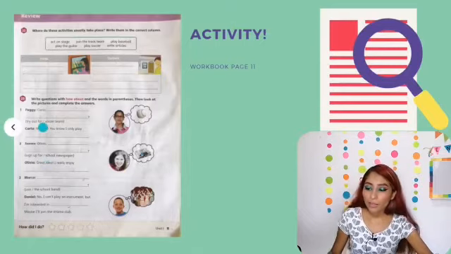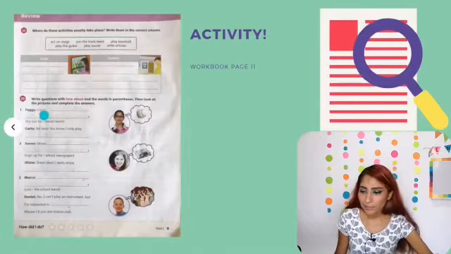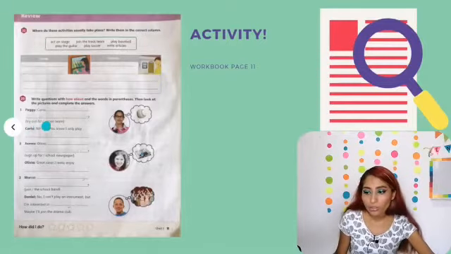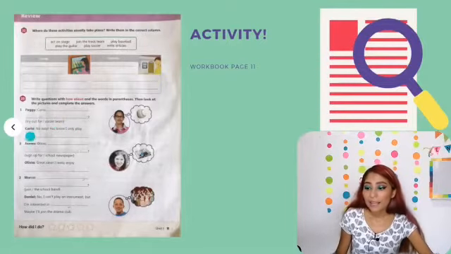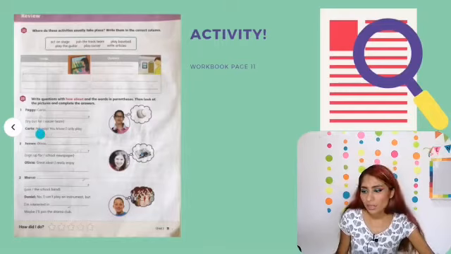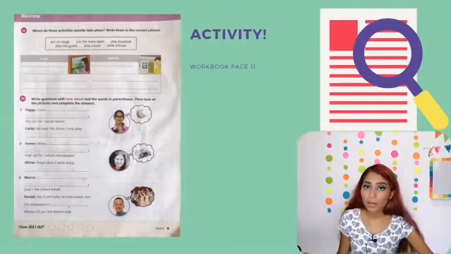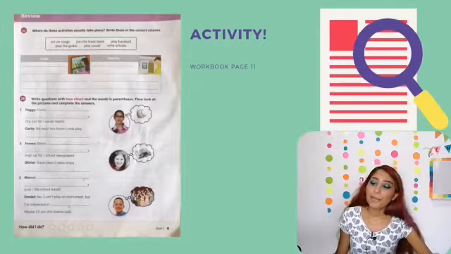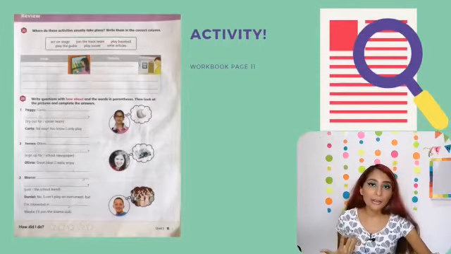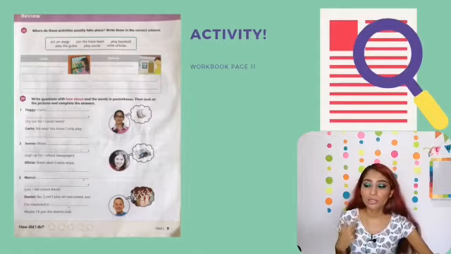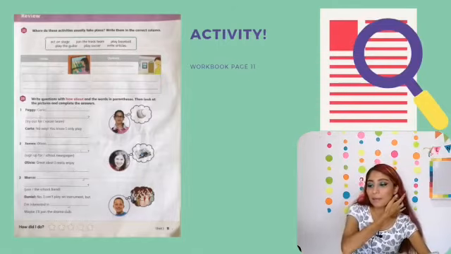So, number 1, Peggy is asking Carla, and the information says try out for soccer team. And the answer of Carla says, no way, I know I only play blank. You also need to complete the answer of Carla. I'm going to give you the example, so you can follow this idea.